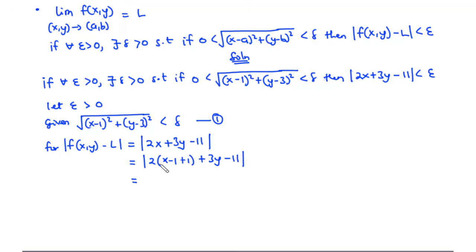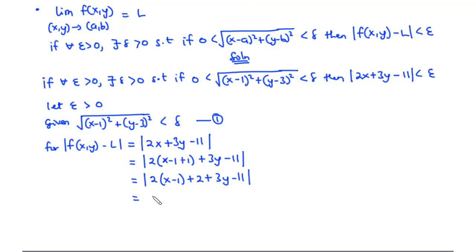Next, we are going to multiply 2 by this one. Since we want to maintain x minus 1, we are not going to touch this x minus 1. However, we are going to multiply 2 by 1 so that we have the absolute value of 2 into bracket x minus 1. So we want to make this thing remain, and then plus 2 times 1, which is 2, plus 3y minus 11.